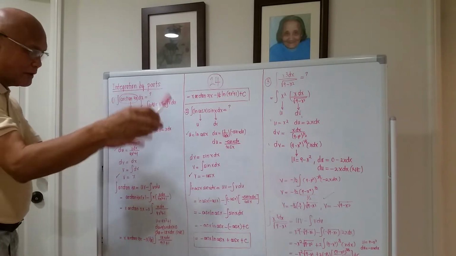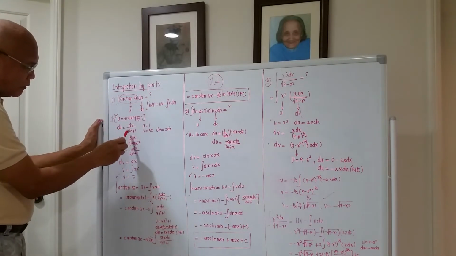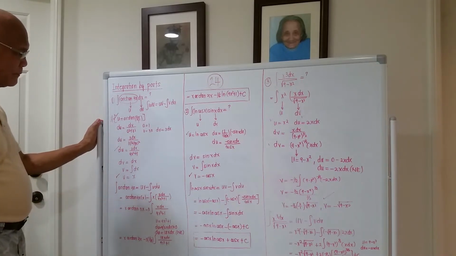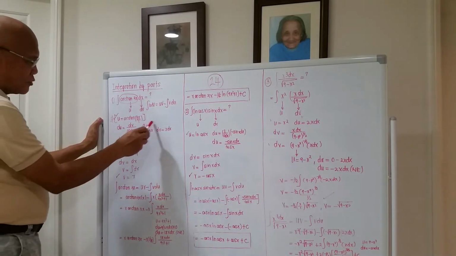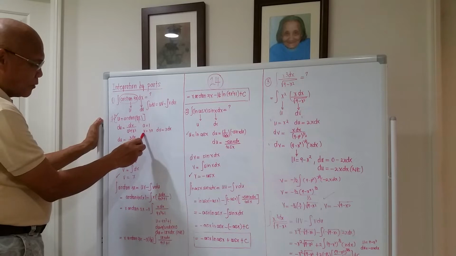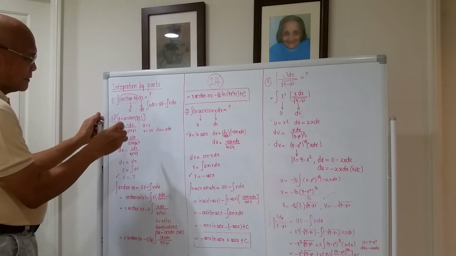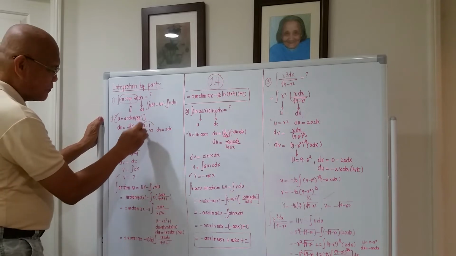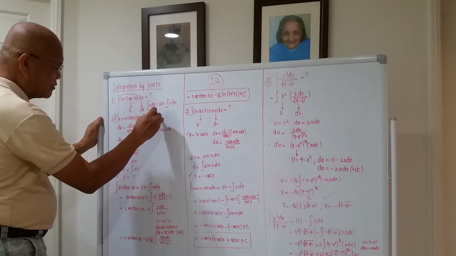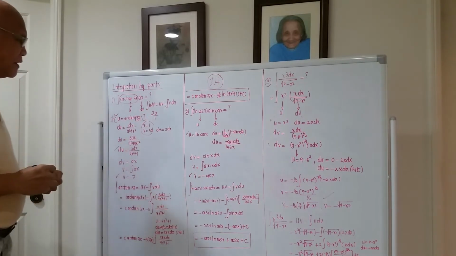I am just recalling the formula. It should be db all over a square plus b square, okay? Where the value of a is 1 and the value of b is 3x. Where did this come from? It's from 3x over 1, right?